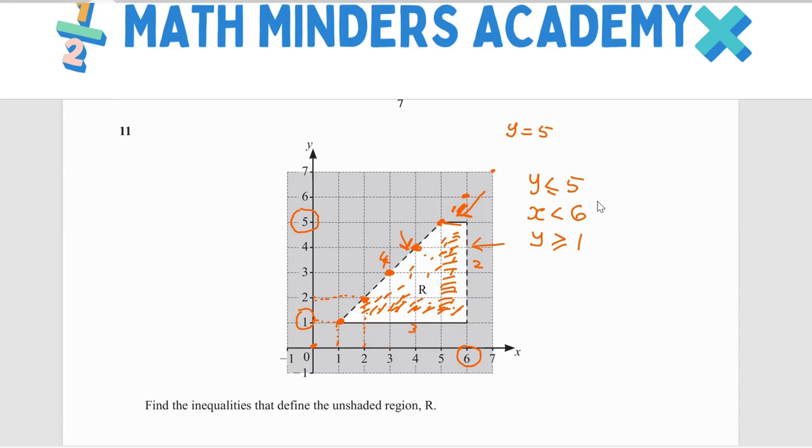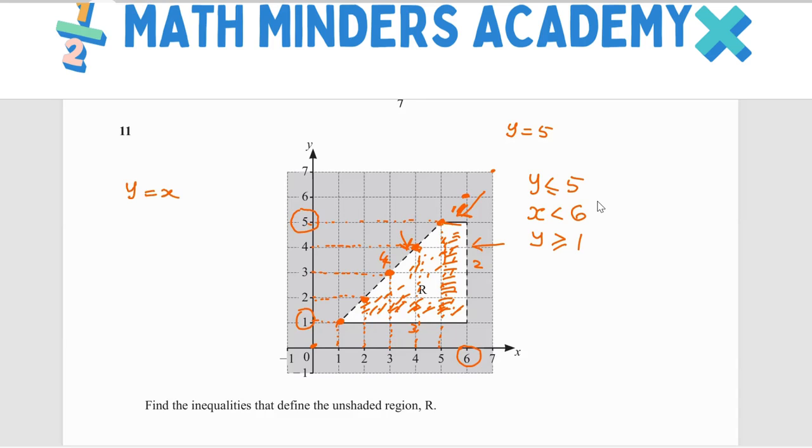S is 3, Y is 3. Whatever value S is, that's the value of Y. S is 4, Y is 4. S is 5, Y is 5. So this diagonal line here is the line Y equals X.